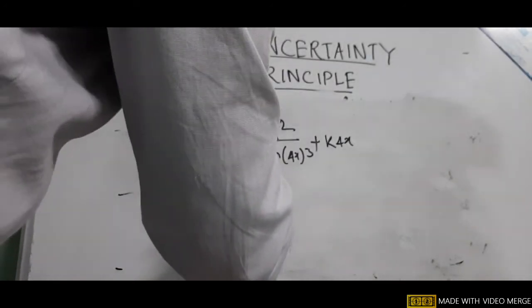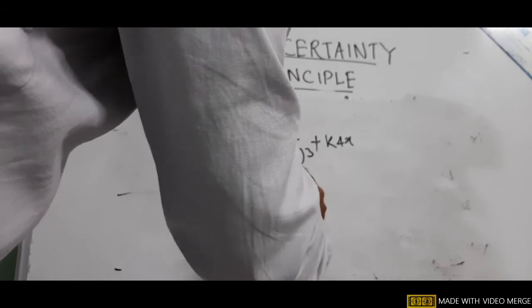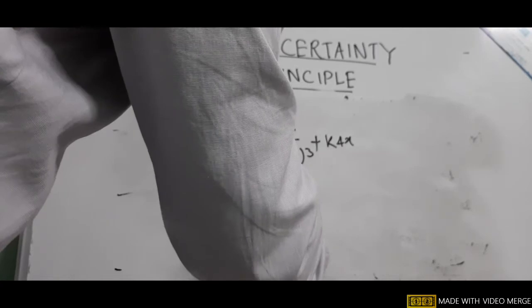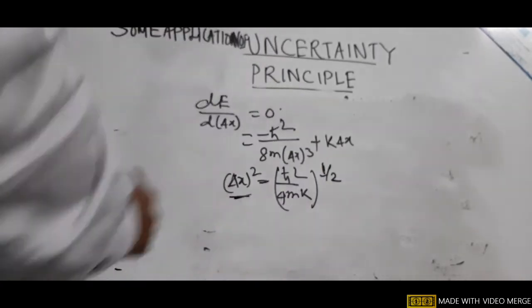From this we get del x squared equal to h squared by 4mk whole to the power half.